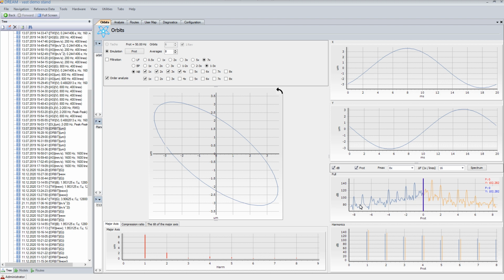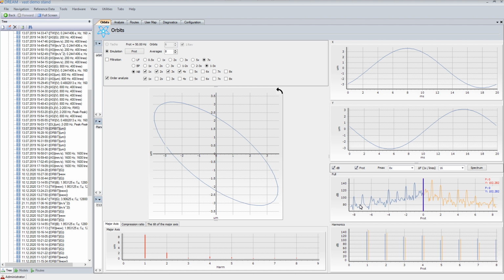So the combination provides the actual rotation of the shaft. The full spectra were introduced by Bentley Nevada somewhere in the beginnings of the 90s for the analysis of the defects of journal bearings. There are a lot of articles devoted to this, and you can read them and evaluate the situation.